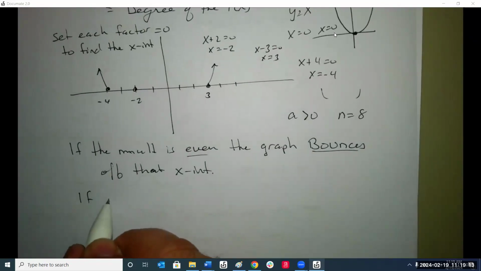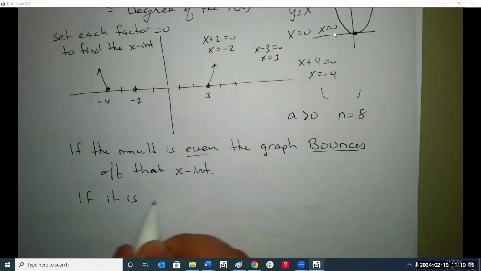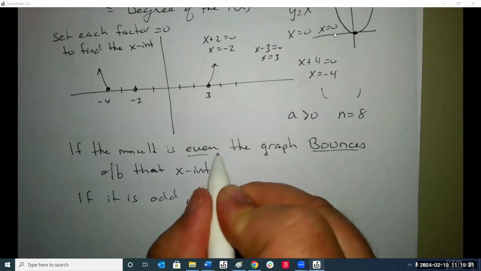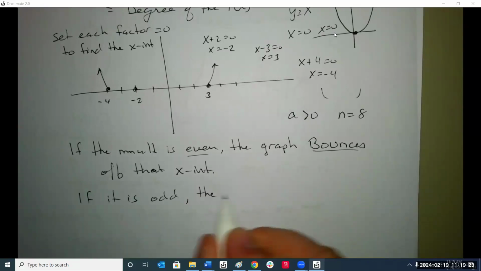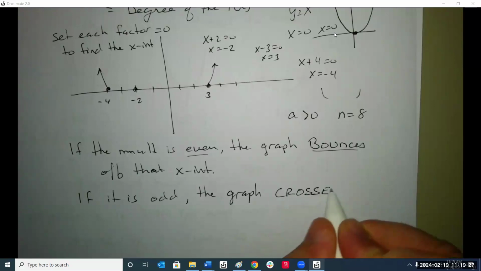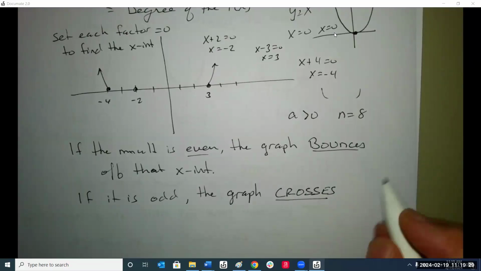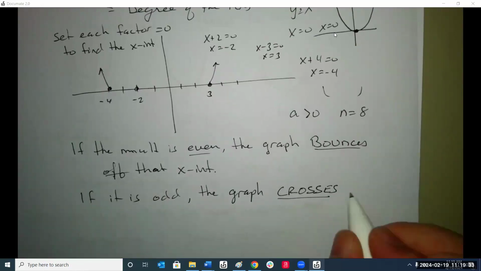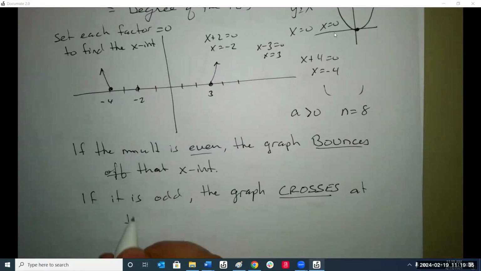If it is odd, the graph crosses at that x-intercept.